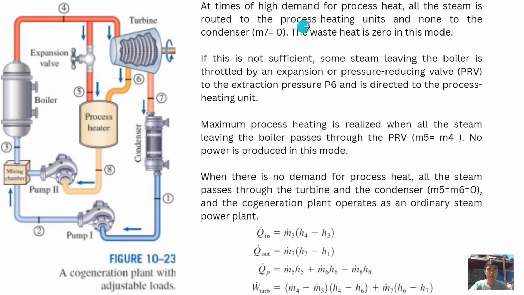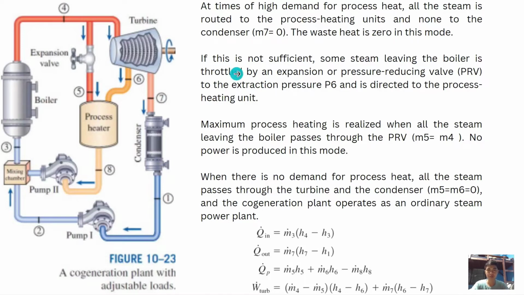At times of high demand for process heat, all the steam is routed to the process heating units and none to the condenser, so m7 equals 0. So the waste heat is 0 in this mode. Why wala na waste heat?